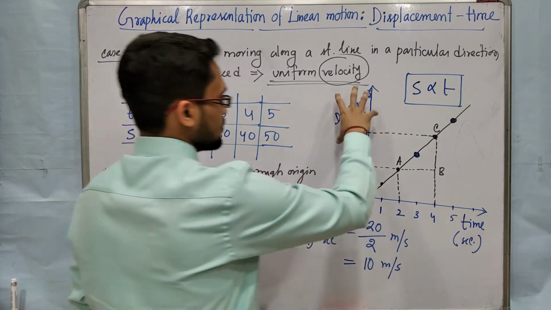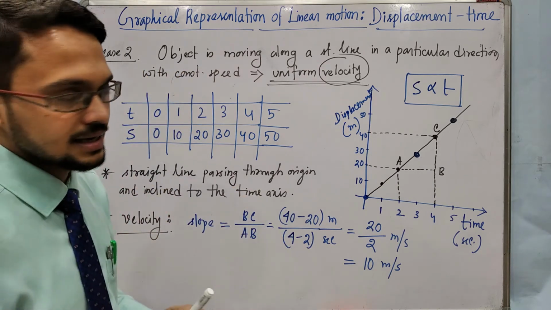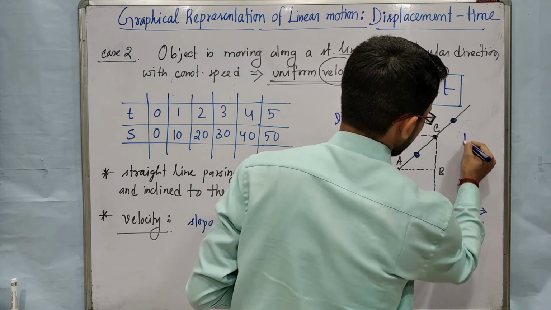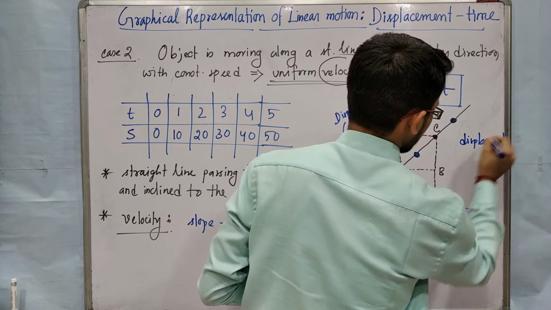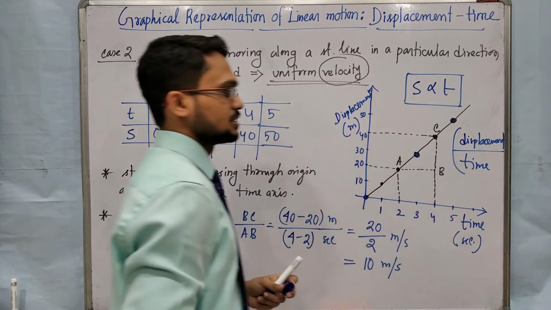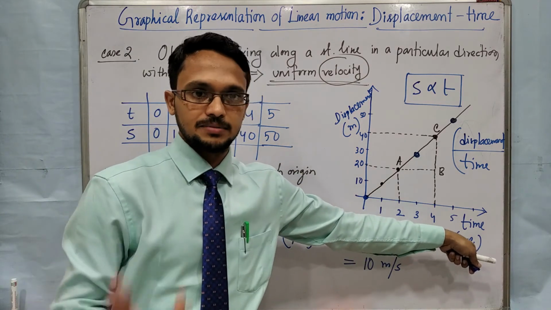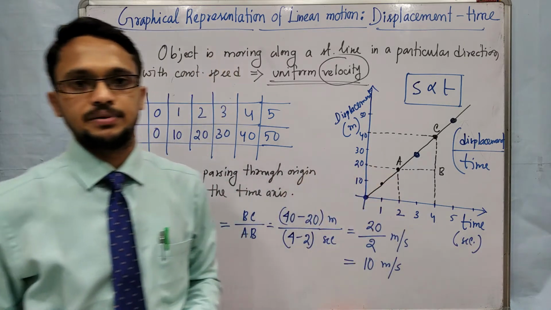And if y is directly proportional to x, then something will be constant, and that something is the ratio of displacement by time. Displacement by time means velocity, so velocity will be constant in this graph.